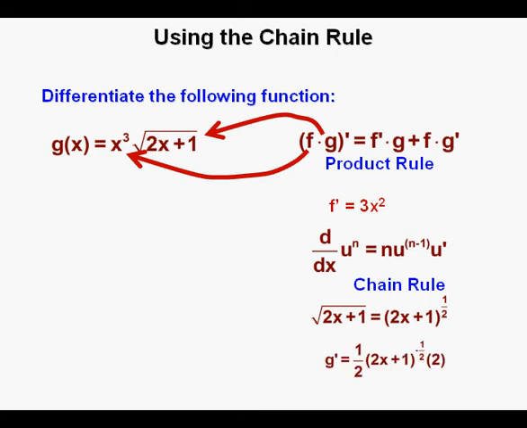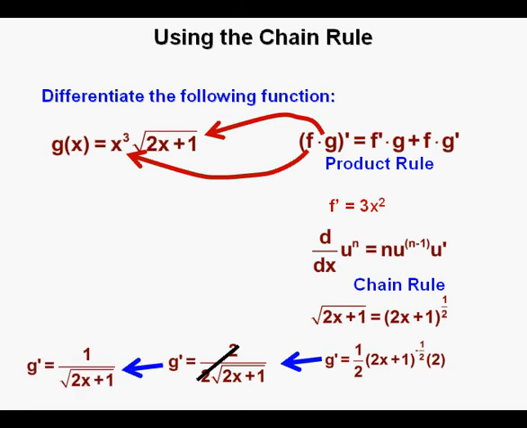And using the chain rule, we will have g prime equals 1/2 quantity 2x plus 1 to the negative 1/2 power times the derivative of 2x plus 1, which is 2. And going back to radical form, that becomes g prime equals 2 over 2 times the square root of quantity 2x plus 1. And then 2 over 2 cancel to equal 1. So that becomes g prime equals 1 over the square root of quantity 2x plus 1.